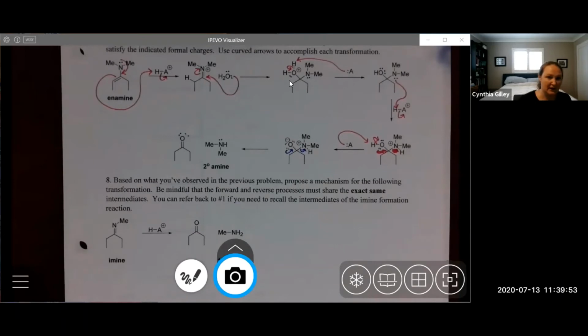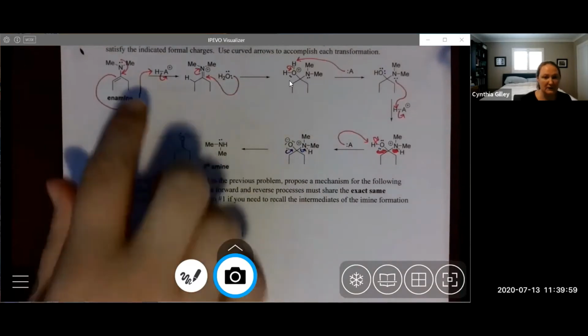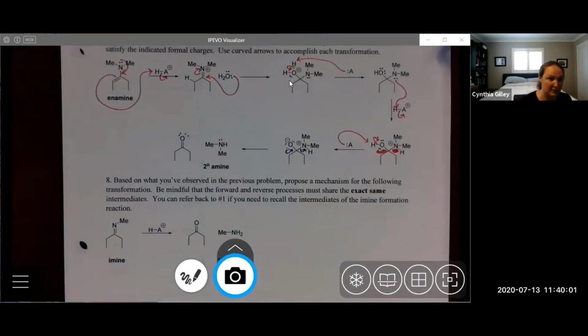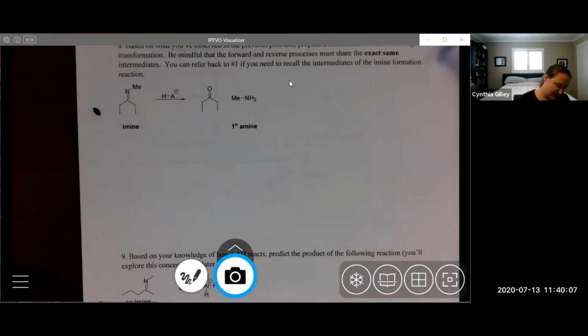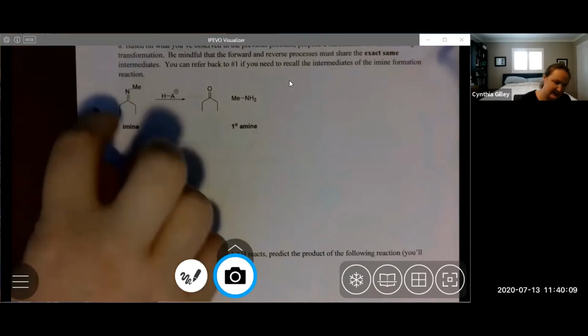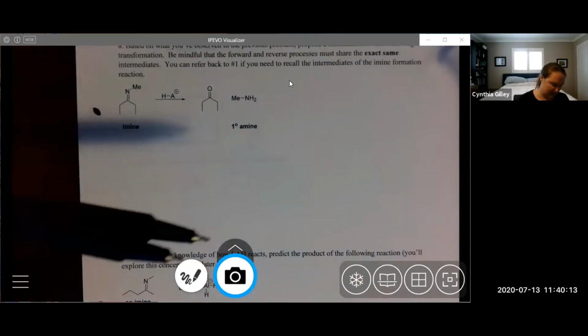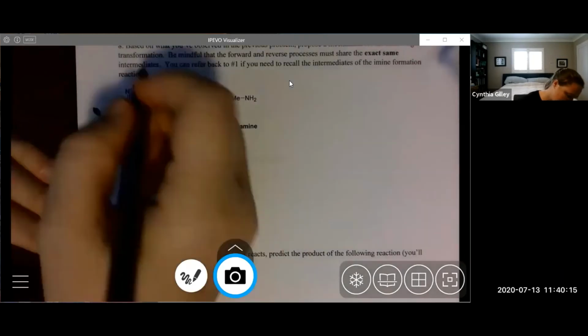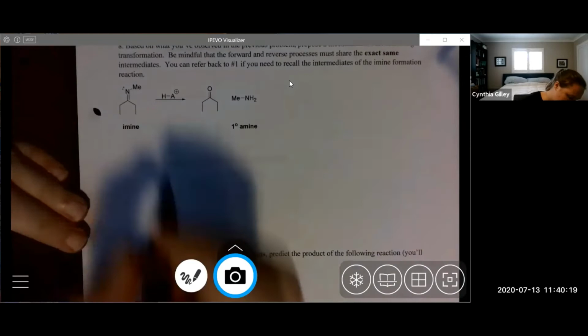Remember that in the forward direction, the only difference in the mechanism is this last step, so the only difference in our mechanism will be the first step, thinking about it in the reverse direction. So we have an imine, we've got acid, and the first thing we're going to do is proton transfer. I can draw in my lone pair and pick up a proton.